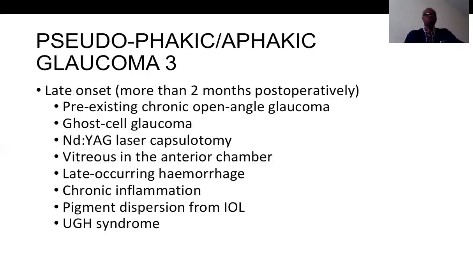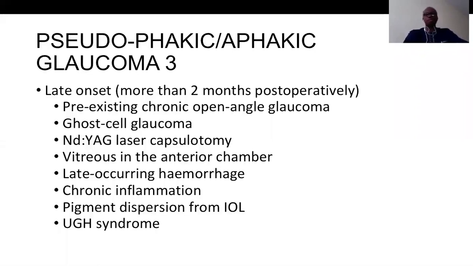The third group following cataract surgery is those occurring as late onset, that is more than 2 months post-operatively. Again, maybe because of pre-existing chronic open-angle glaucoma. It may be ghost cell glaucoma. It may be ND-YAG capsulotomy that is responsible. In this case, the ND-YAG may generate particles or fragments from the capsule that occlude the trabeculum and impede outflow.